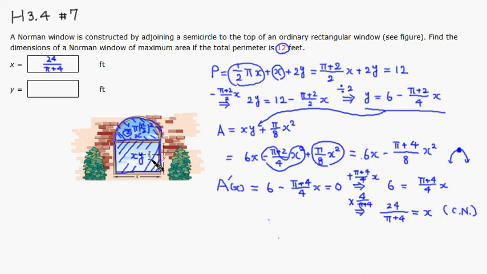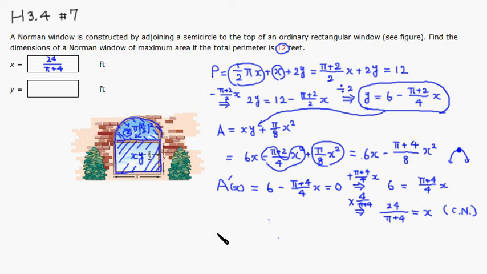All right. Then we have to find y, but there's a formula for y. So y can be found by computing 6 minus (pi plus 2) over 4 x. Let's plug it in.